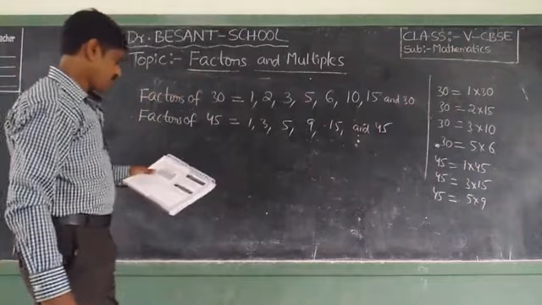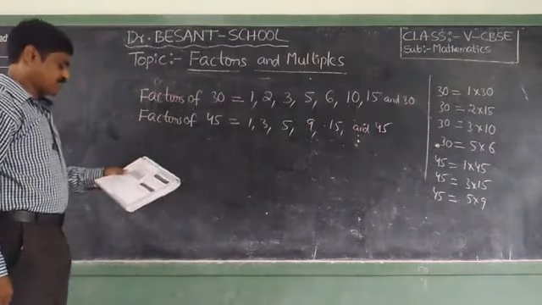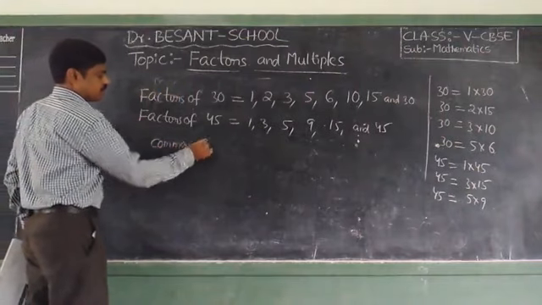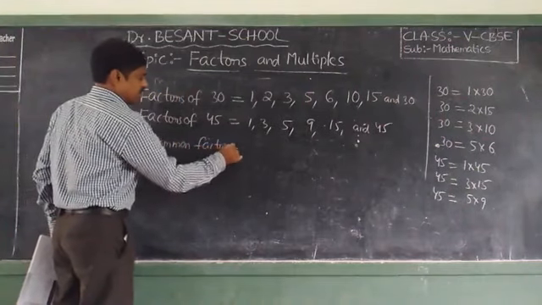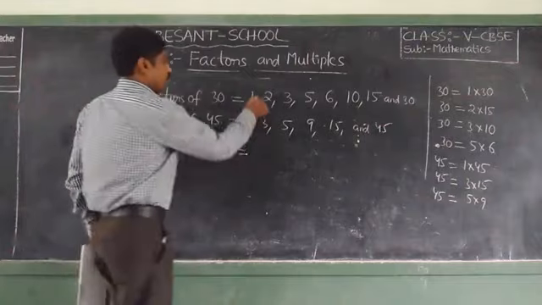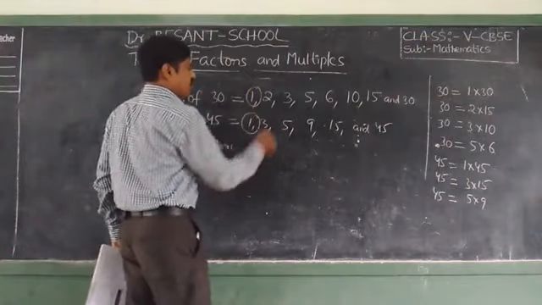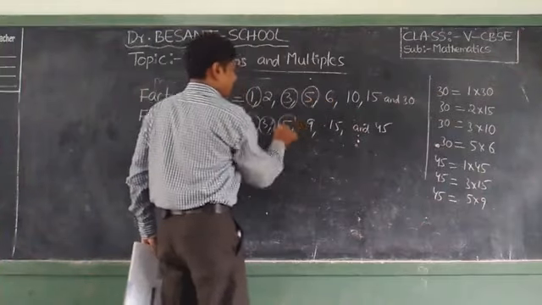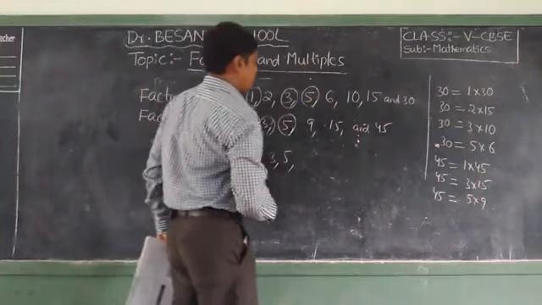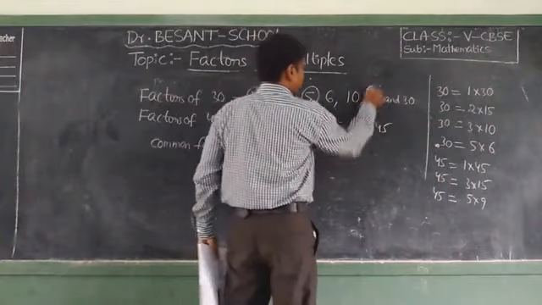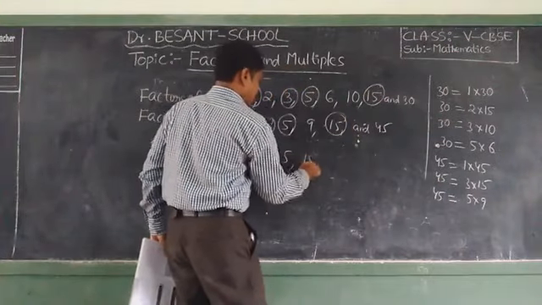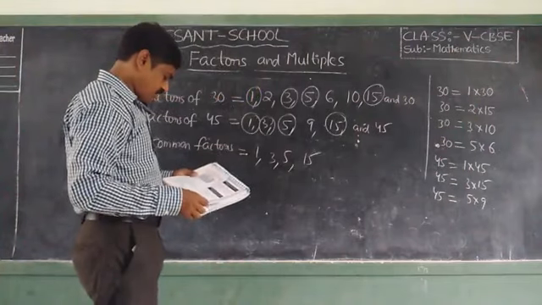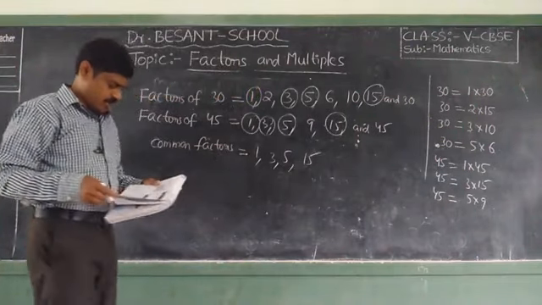So what are the common factors? 1, 3, 5, 15. These are the common factors.